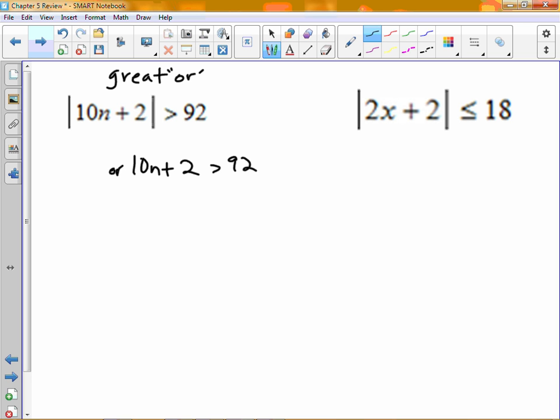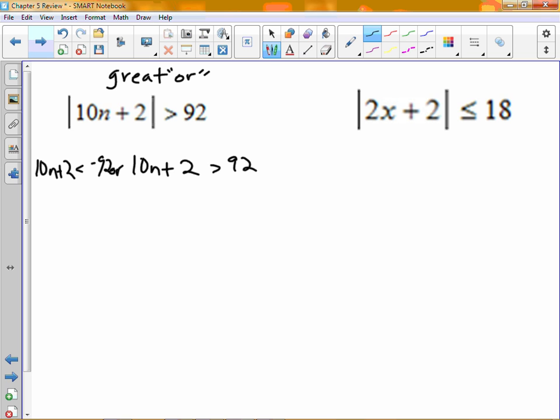When the original problem has the word greater in it, you know your answer is going to have "or" in it as well. So on the right, I go 10n plus 2 is greater than 92. And what do I put on the left? 10n plus 2 less than what? That's right. Good. Negative 92.